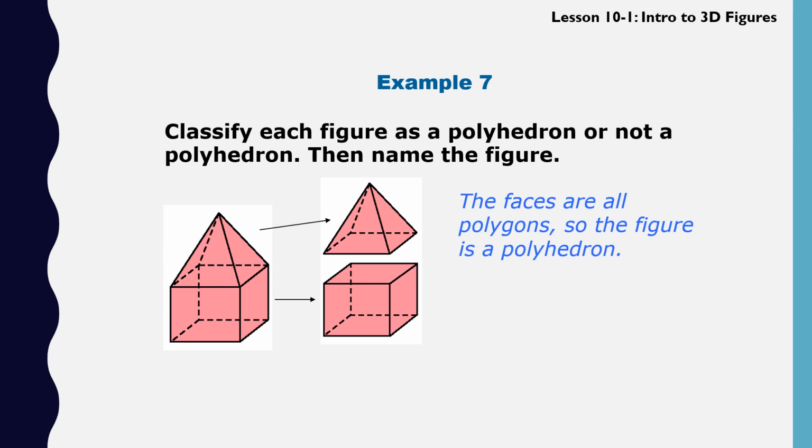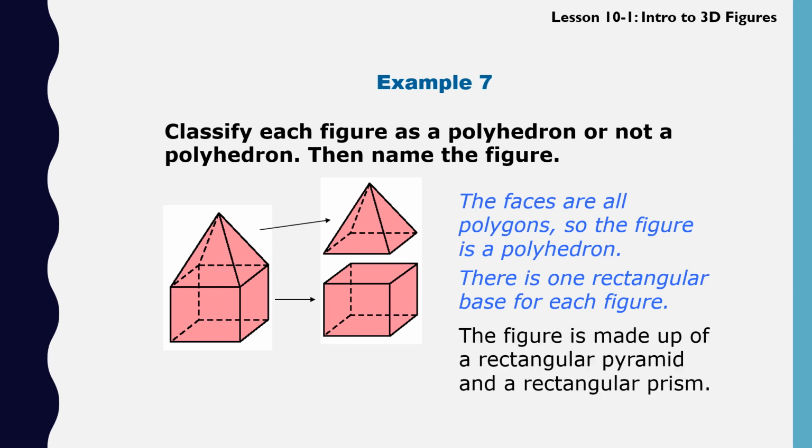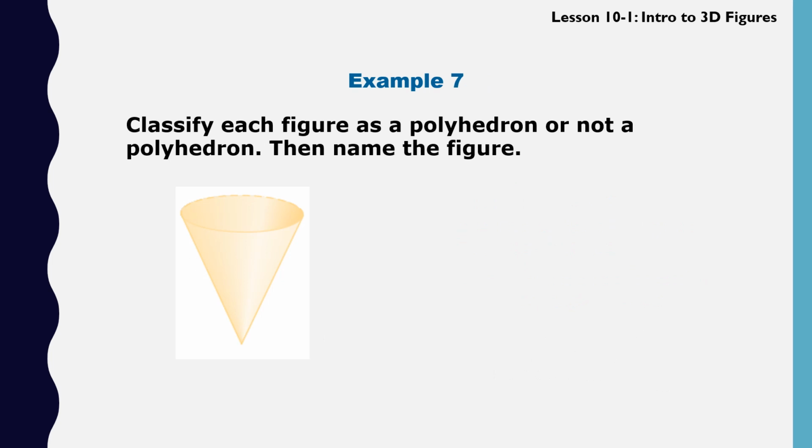This figure has faces that are all polygons, so the figure is a polyhedron. There's one rectangular base for each figure. The whole figure is made up of a rectangular pyramid and a rectangular prism. Is this shape a polyhedron or not a polyhedron?